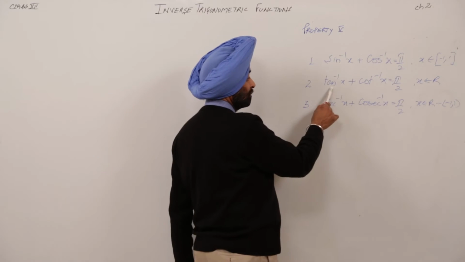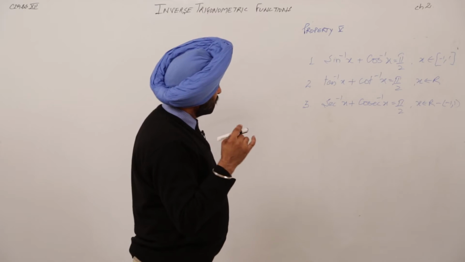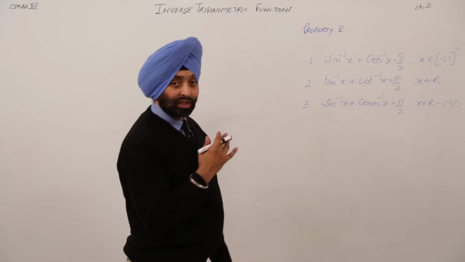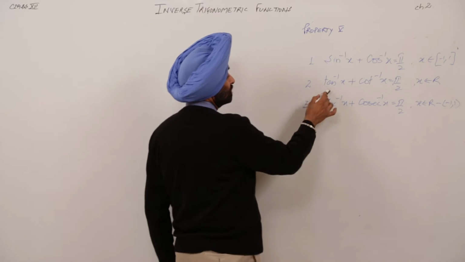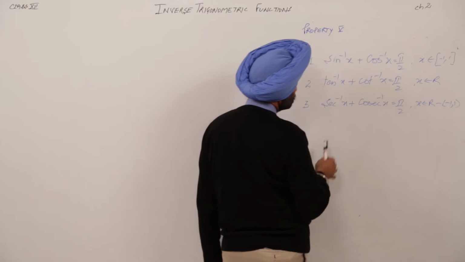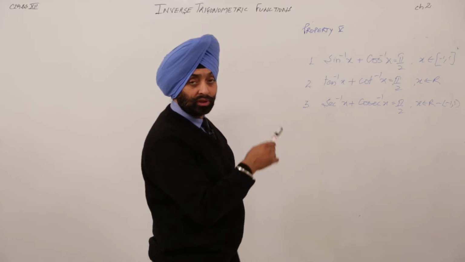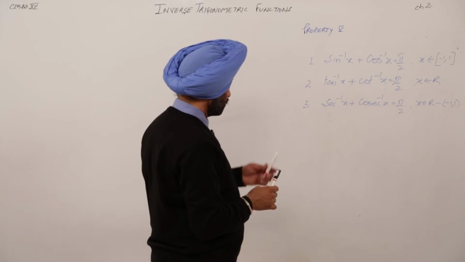Then tan inverse x plus cot inverse x is equal to pi by 2, where x belongs to the set of real numbers, and secant inverse x plus cosecant inverse x is equal to pi by 2, with the domains according to their definition.